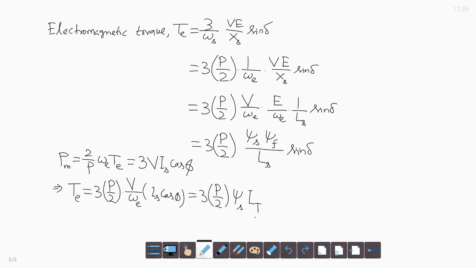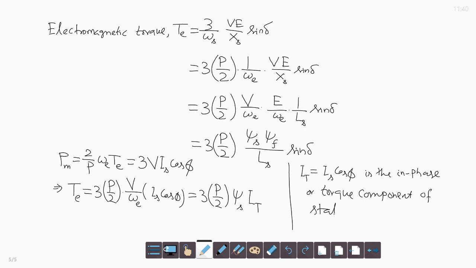So, here It is Is cos phi, the in phase or torque component of stator current Is.